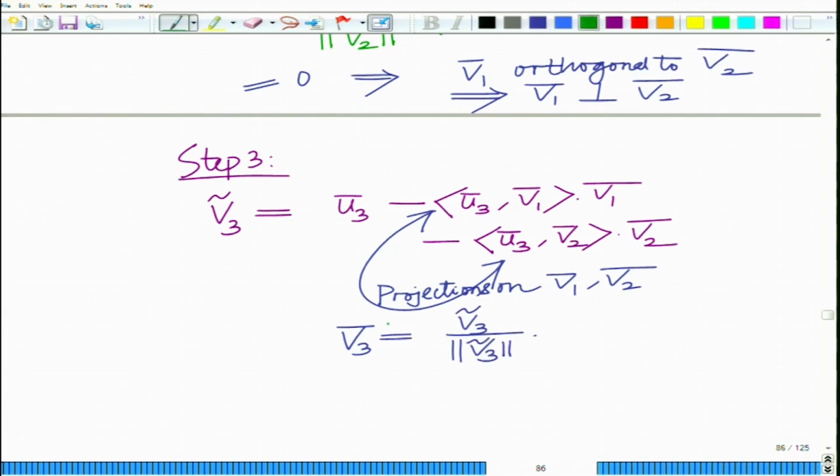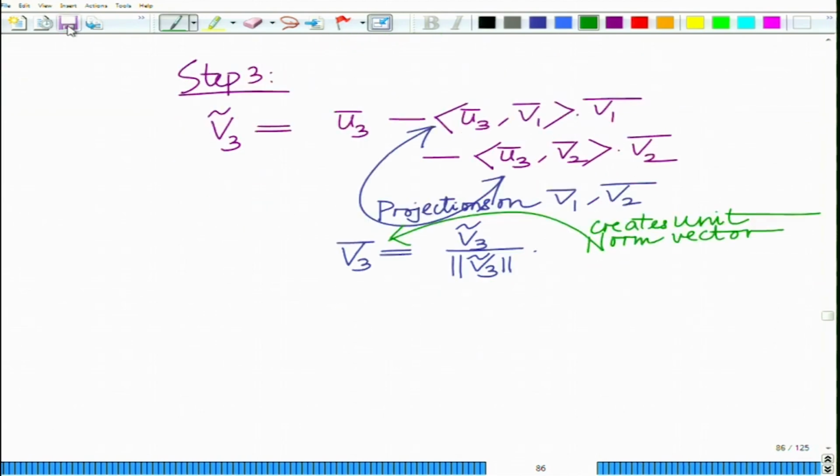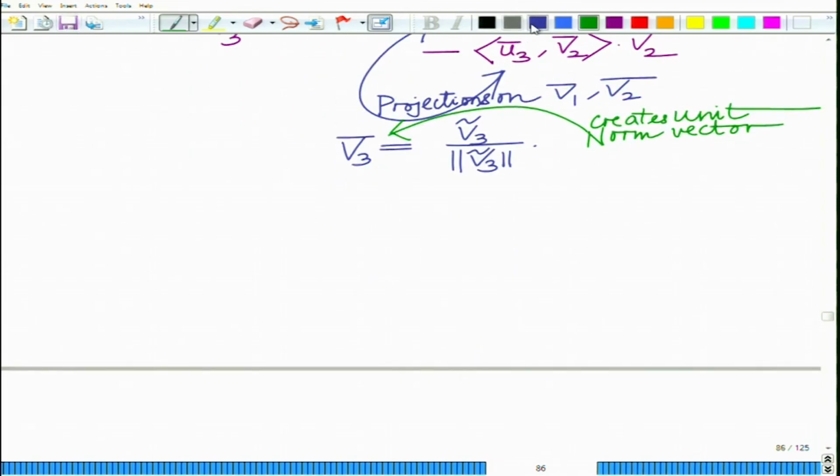So this creates a unit norm vector. Okay. And now you can quickly check the orthogonality property once again. If you do V3 bar transpose V1 bar, let us say, or V3 bar transpose V2 bar, just to make sure it is orthogonal to the previous vectors.